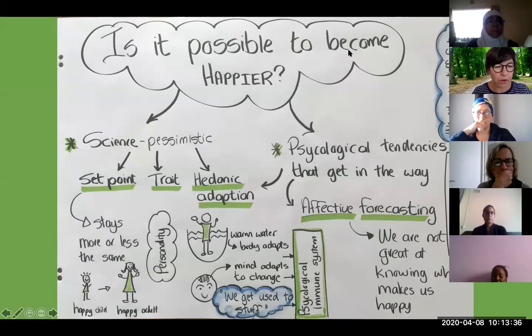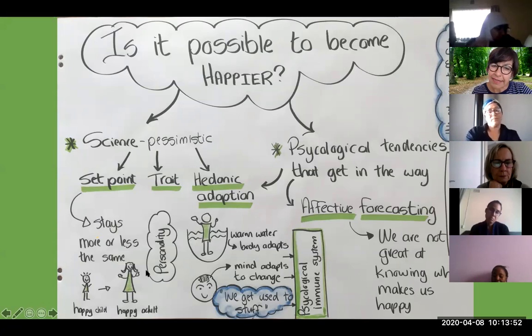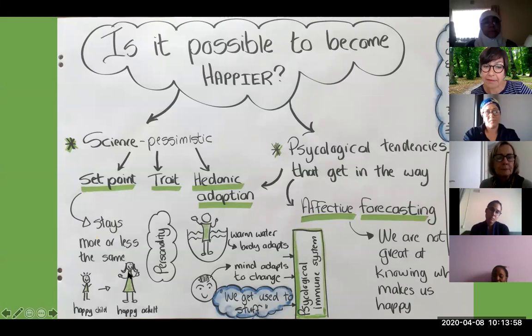So thank your mother and father and grandfather and grandmother for that one. What I find interesting is that if you were a happy child, the chances are that you probably grow up to be a happy adult. And if you were an unhappy child, the chances are that you probably grow up to be an unhappy adult. That's a very pessimistic scientific point of view.